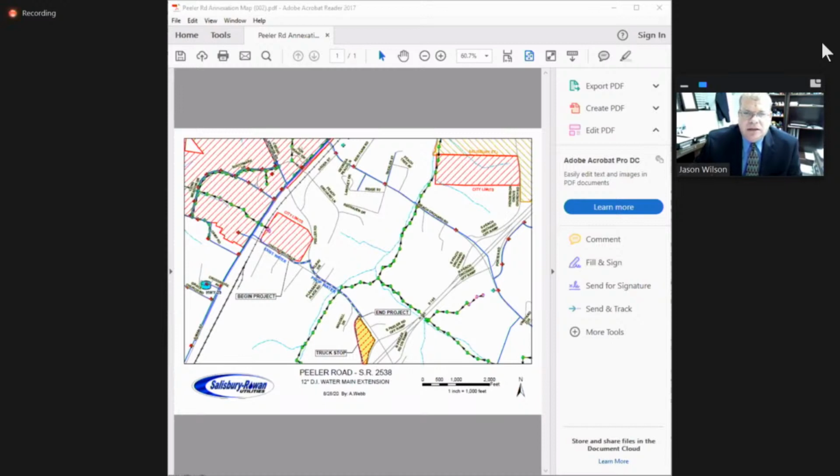So we have been working on the design and are currently having that permitted. And so we are bringing to you a draft agreement today between the Pilot Travel Center, which is the developer and the property owner, as well as the city to participate in a 50-50 cost share to extend water. This would also open up some other parcels that could connect to water, which you see is the proposed water, the hatched blue line along Peeler Road.